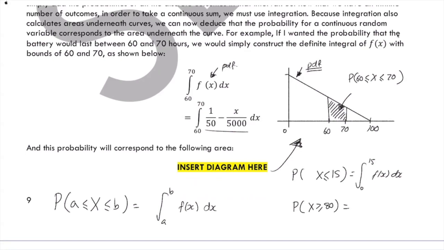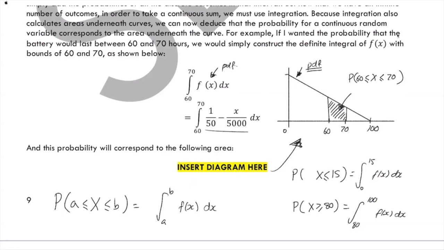Where would I be integrating from, and to where? 80 to 100, from 80 to the very end. So you just look at the sign and it basically determines if it's from 0 or 100. Yeah, exactly.